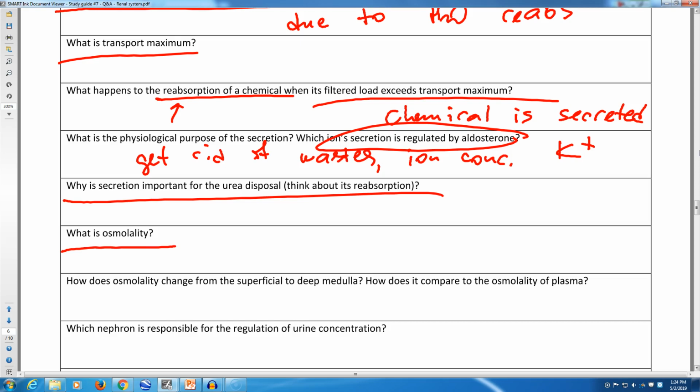Osmolality is the number of various particles in the solution. From superficial to deep medulla, osmolality increases. It is in the superficial medulla the same as in plasma.